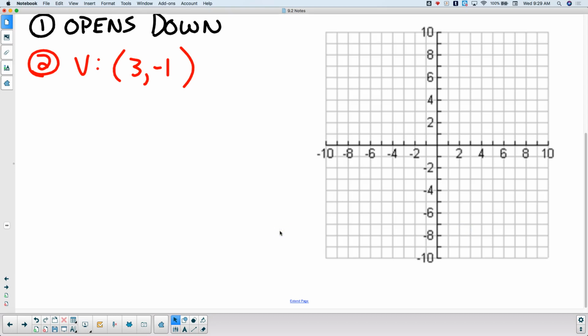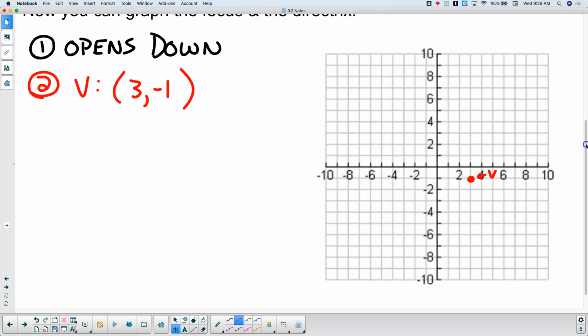Okay. So my vertex here is at 3, -1. With me? Okay. Love it.